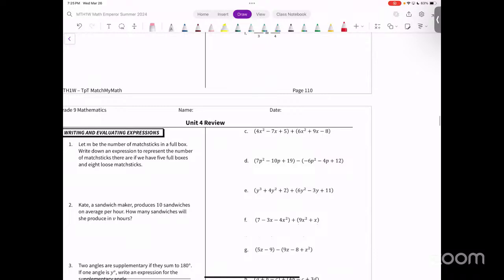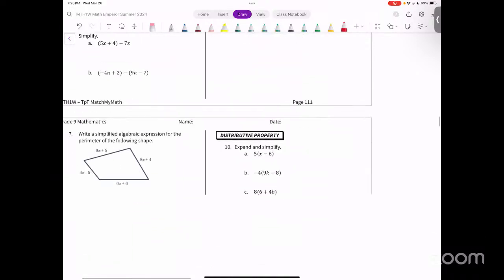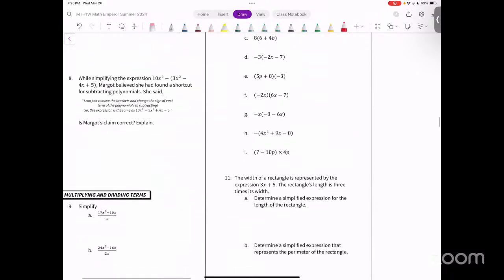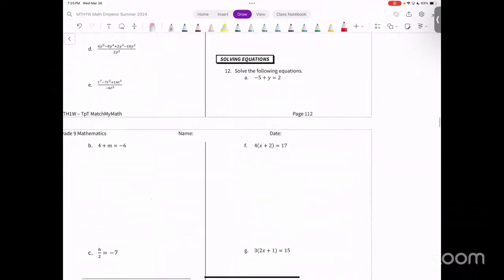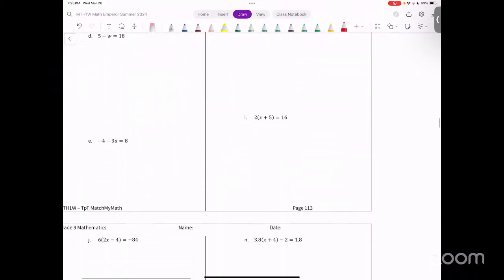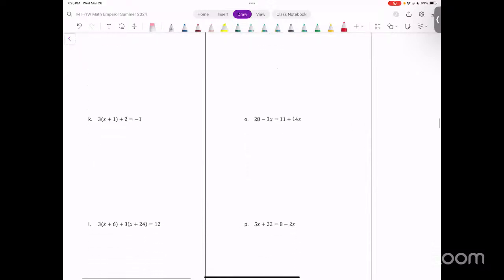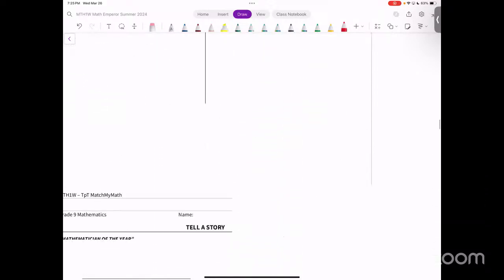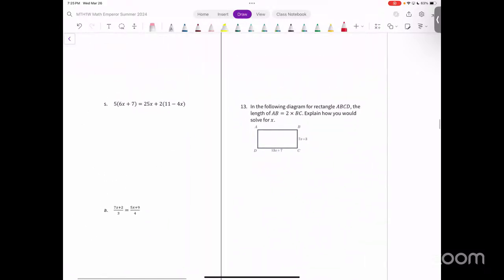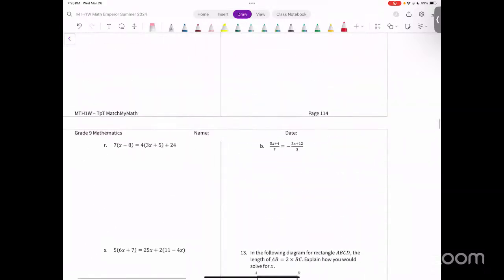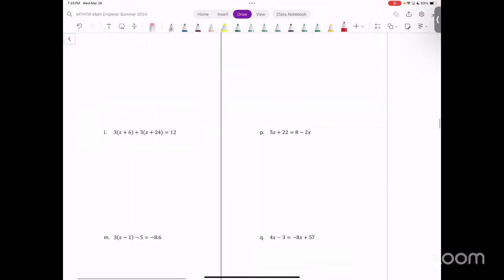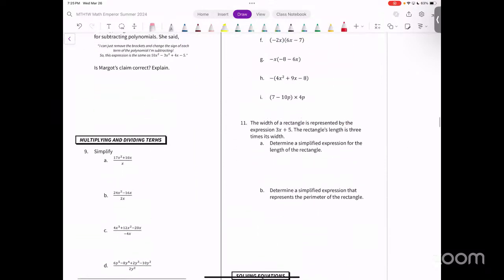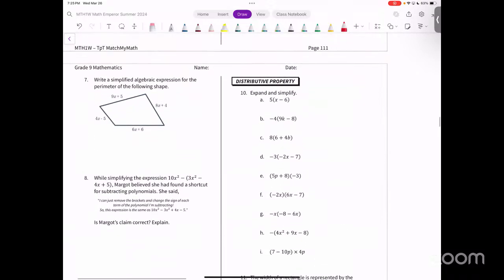All right. We did work with simplifying algebraic expressions. We did that. But my focus is on solving equations. So I'm going to move back to more complex ones.